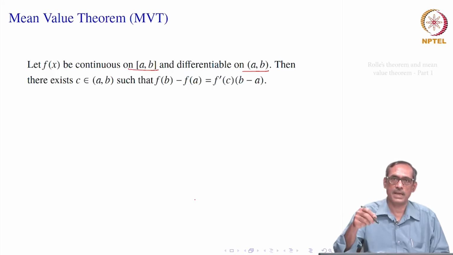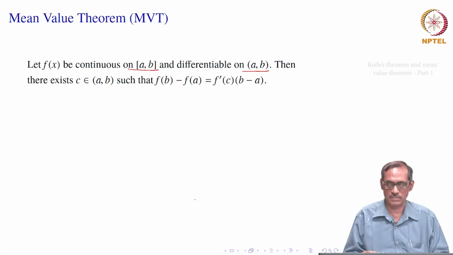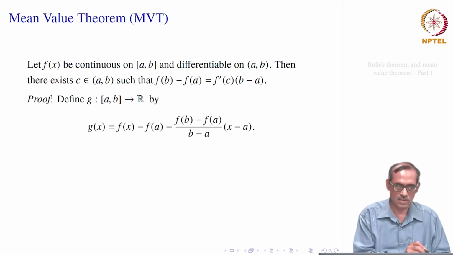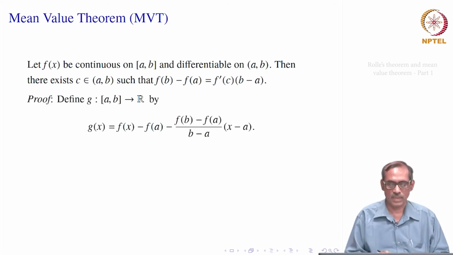That is, there is some difference between the heights of f(a) and f(b). Then what it says is, there exists a point c such that f prime of c will be equal to (f(b) minus f(a)) divided by (b minus a). Okay. So, we will see how geometrically it looks soon, but let us see how to prove this first.